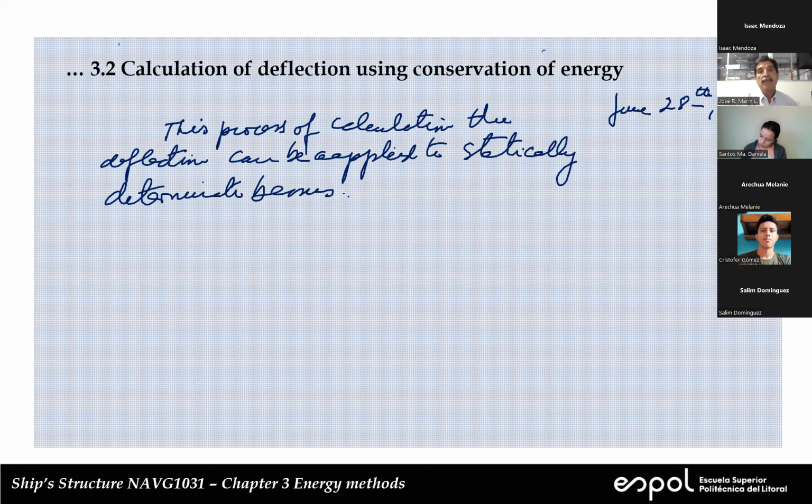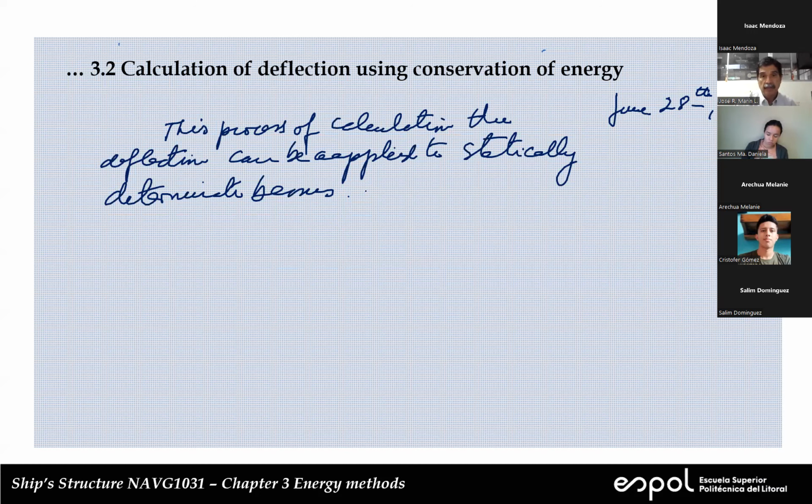If you want to calculate the deflection using this method, we could do it, but we have to deduce another method, which is based on this conservation of energy. But we are not going to do that, okay? We're going to present something a little bit different in the following. But what we have done, be careful, can be applied to statically determinate beams only, okay?